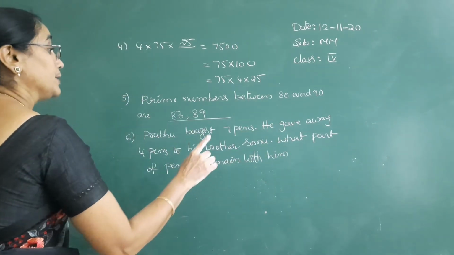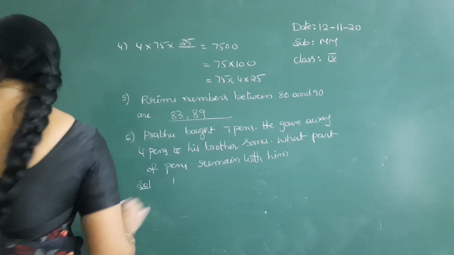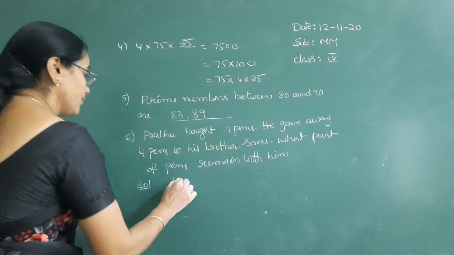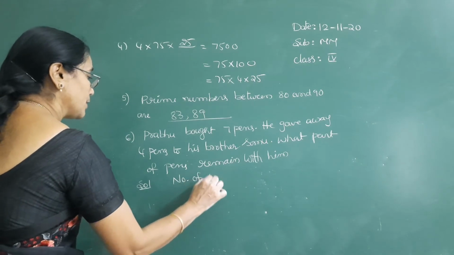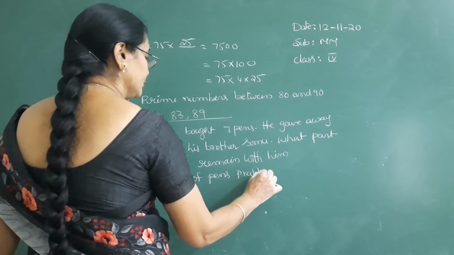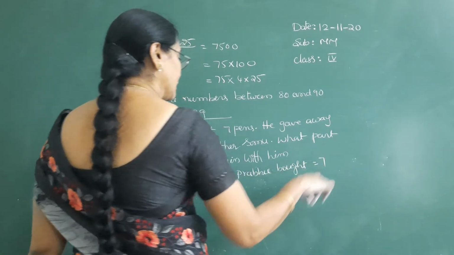Prabhu bought 7 pens. Now, how many pens did Prabhu buy? Number of pens Prabhu bought is 7 pens.